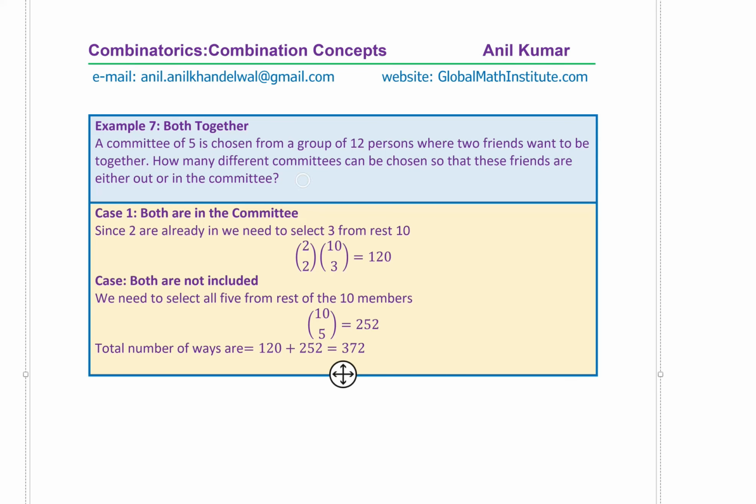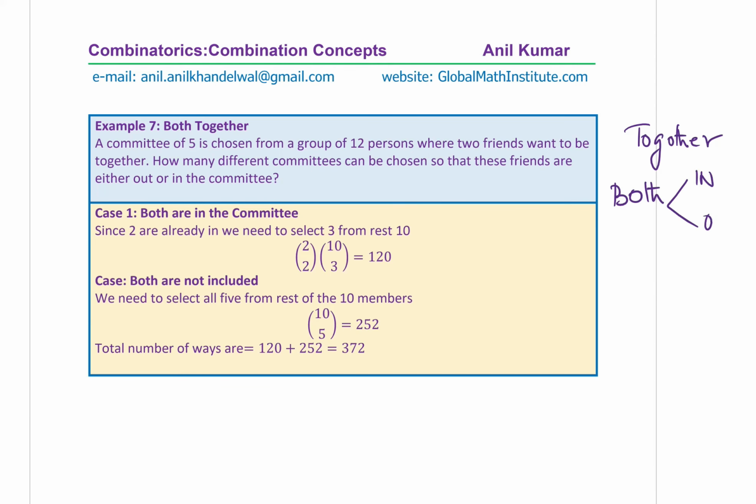How many different committees can be chosen so that these friends are either out or in the committees? So, many different ways we ask the same question. Remember, together means both could be in or both could be out.